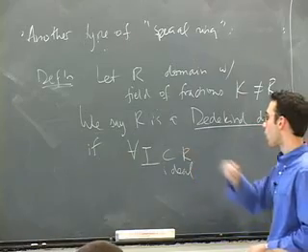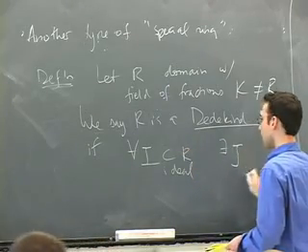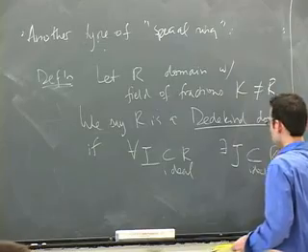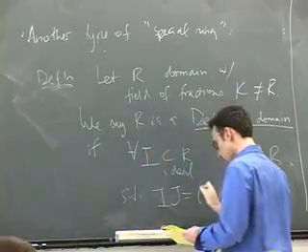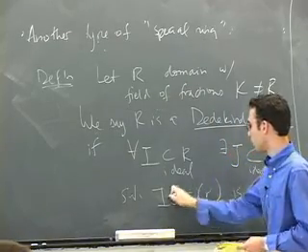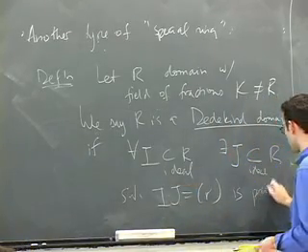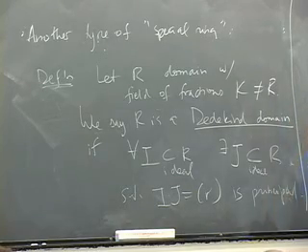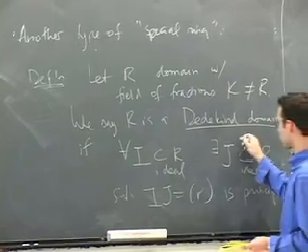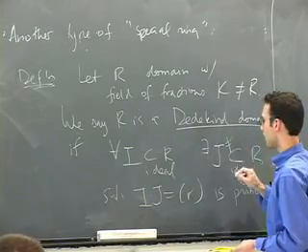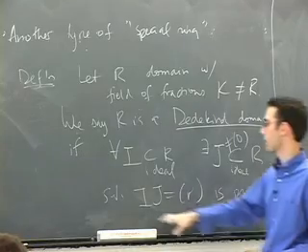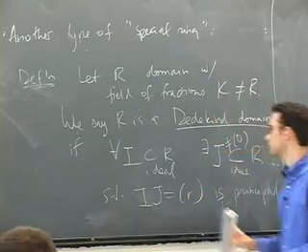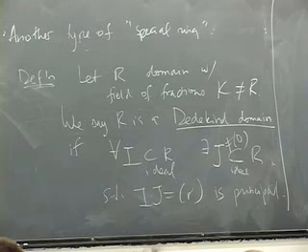So for all ideals I, there exists another ideal J such that their product IJ is principal. I'm going to assume, of course, that this J is not equal to the zero ideal. Otherwise, I'd have this trivially true. So there's some non-zero ideal J such that this thing is principal.